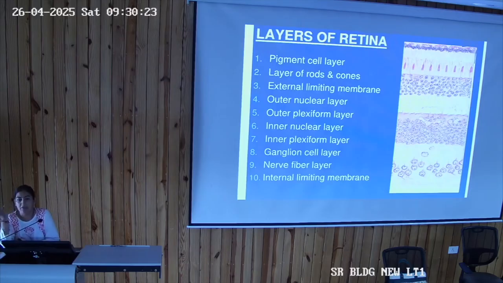Tell me the coverings of the eye. Sclera, cornea. Sclera and cornea are one layer, 1/6 and 2/6. Then after cornea comes sclera, second layer, which is the vascular layer, third layer. You don't even know the layers of the eye.